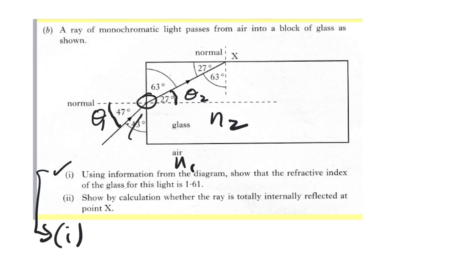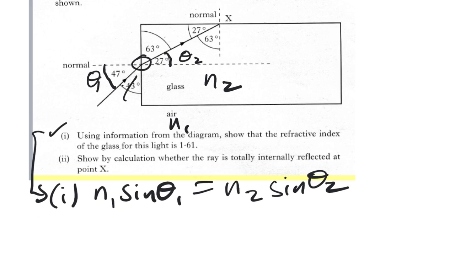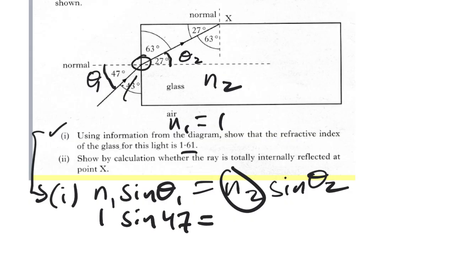Okay, so I use Snell's law. I'm trying to find what N2 is, see if it's 1.61. So N1 is air. N1 is 1 for air. Sine of 47 equals N2 times sine of angle of refraction 27.